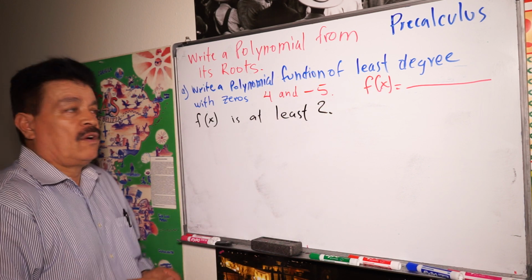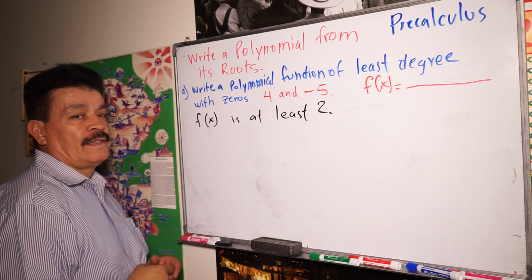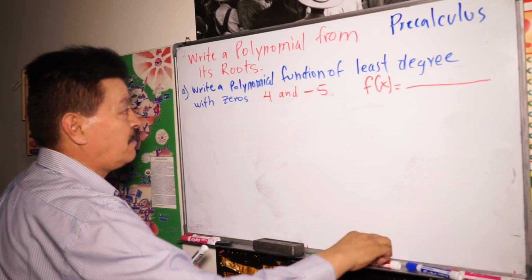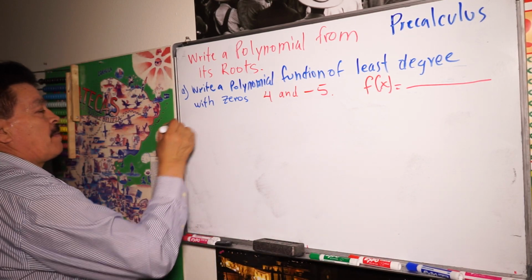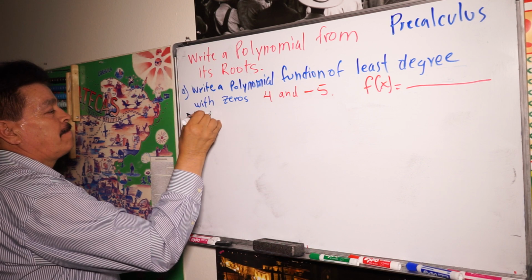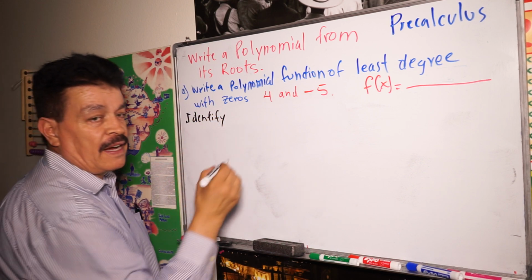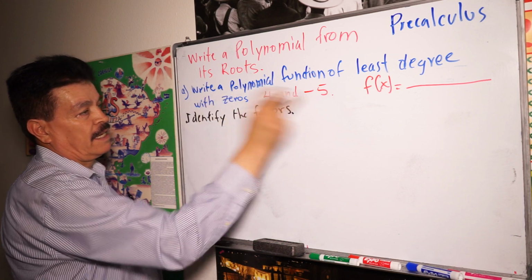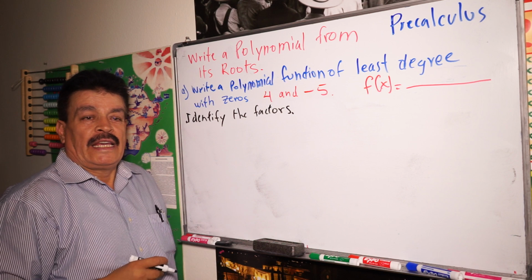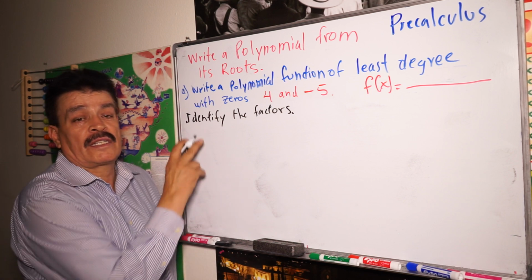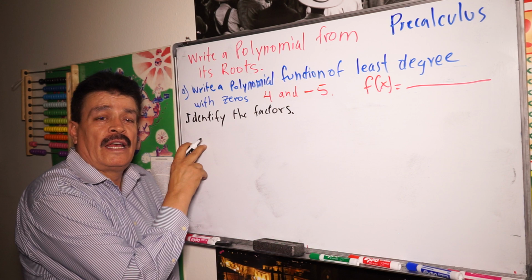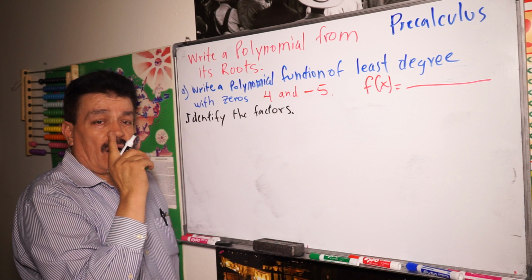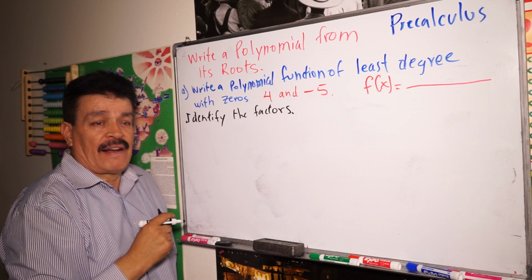So in the first step, identify the factors. Each zero corresponds to one linear factor.